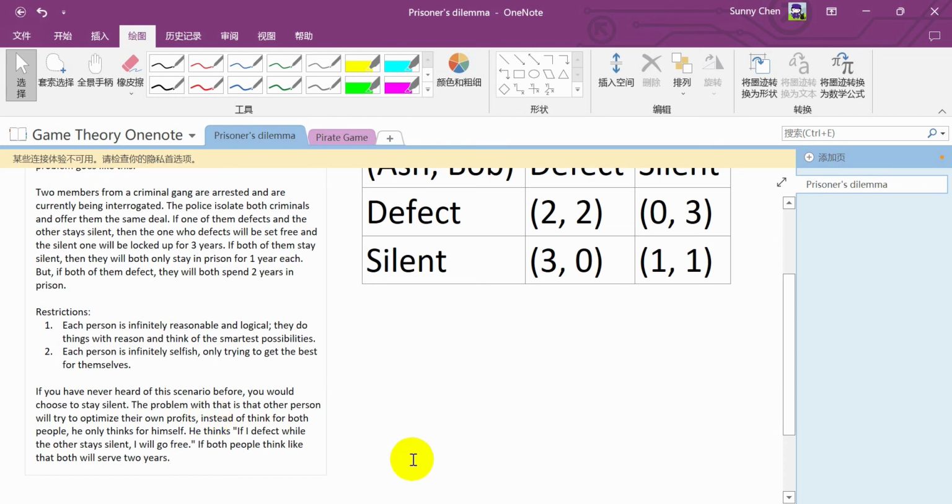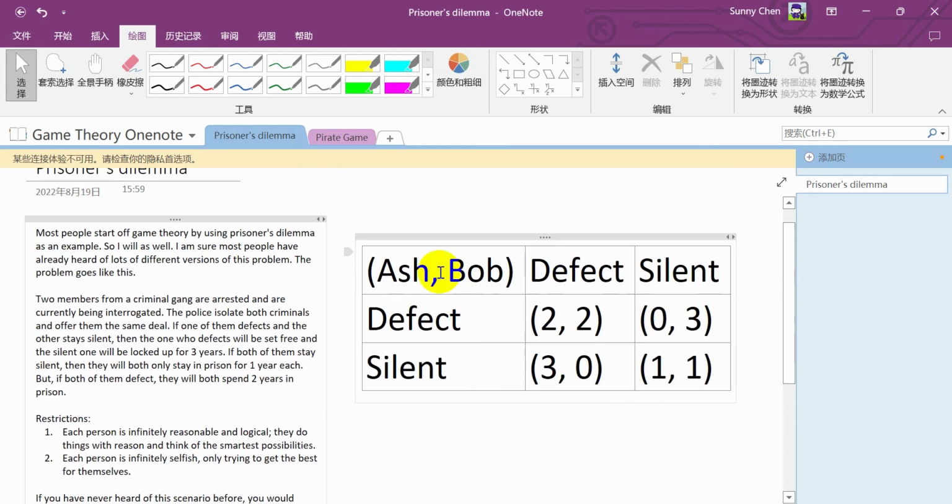Let me explain it using the chart. So Ash is this first column and Bob is this first row. If we look at Ash's point of view, if Bob stays silent, then Ash can either defect or stay silent.